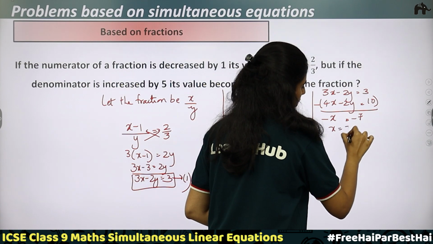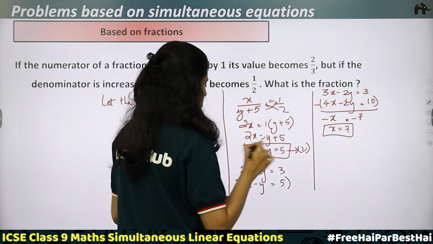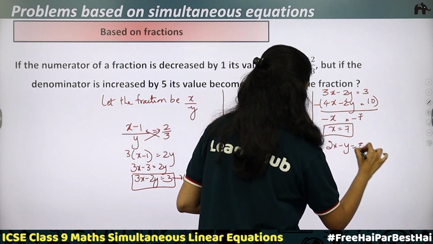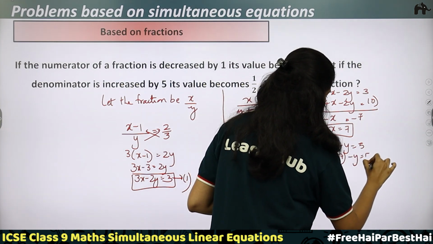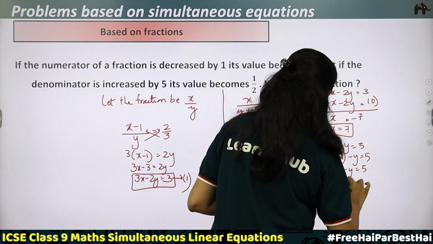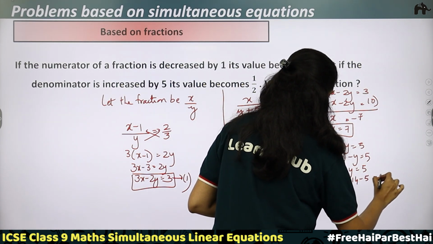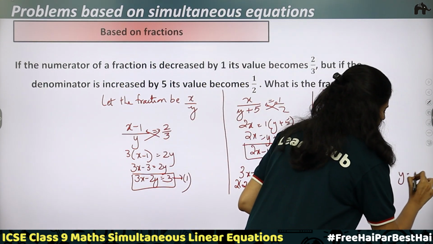Then x is equal to 7. Now we have to find y. Substituting in any of the equations, we have 2x minus y is equal to 5. 2 into 7 minus y is equal to 5. 14 minus y is equal to 5. Then y is equal to 14 minus 5, which is 9. So y is equal to 9.